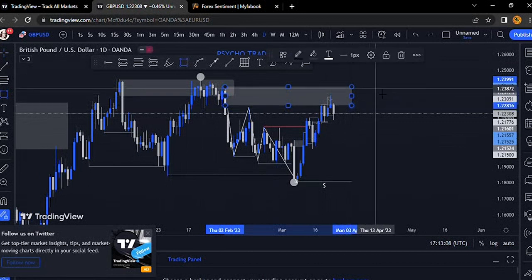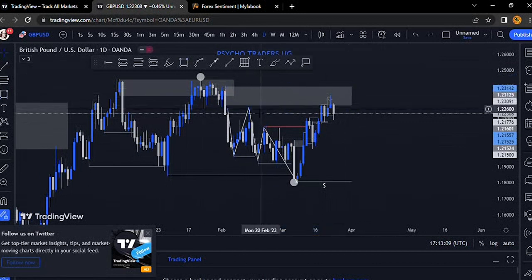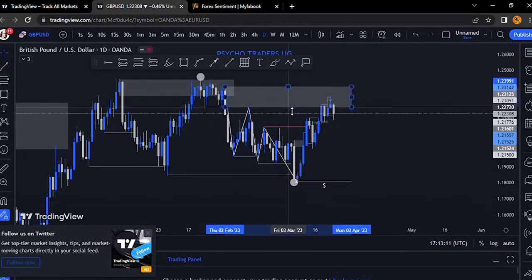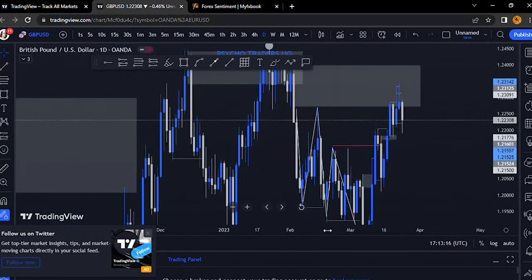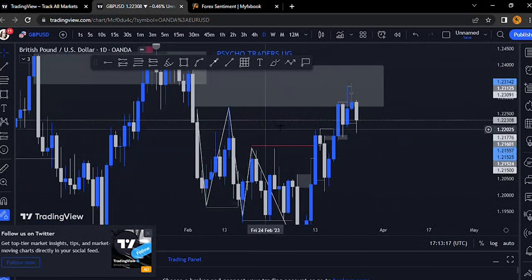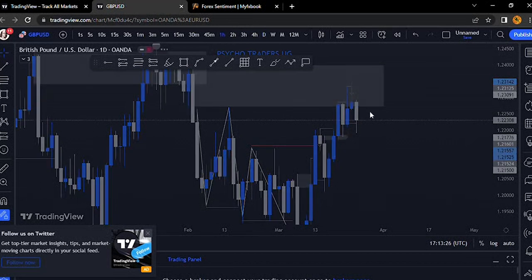Though it looks that it had been tapped into, it wasn't completely tapped into. It was missed by a mere wick. Actually, it was a small space, as you guys are seeing. It's right here. So we are expecting price to redistribute.